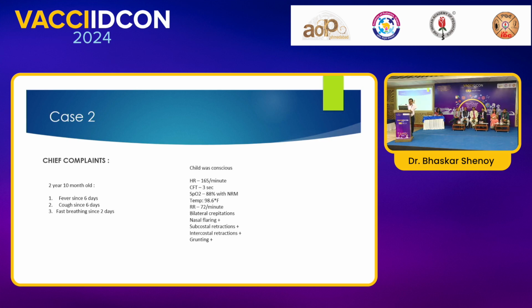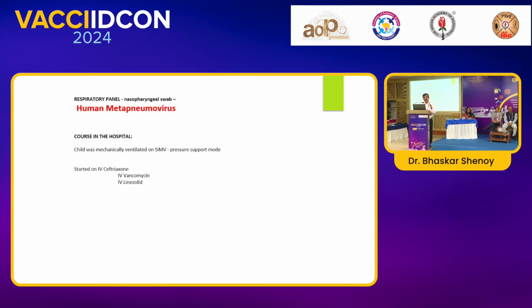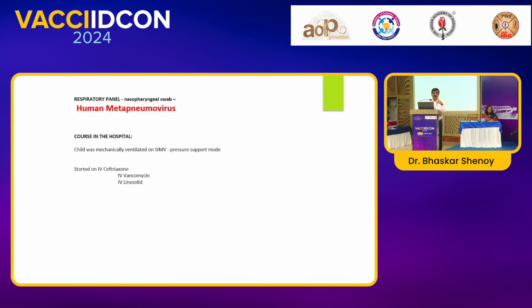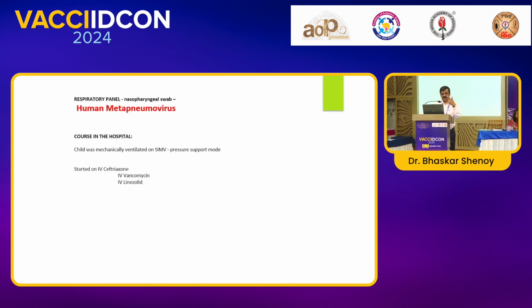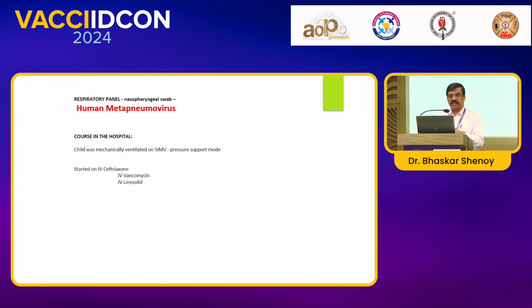Yes. The second case, 2.5 years with the fever, cough, fast breathing, had respiratory distress. You can see saturation was 88 and admitted in an outside hospital where the nasopharyngeal swab was sent for the PCR. They detected human metapneumovirus.